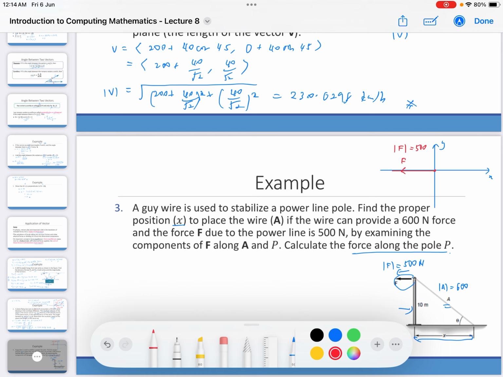Second force will be wire A, the vector A, which is the tension. The direction of vector A will be like this. If you want to draw this vector A, the initial point will be at the origin, so we can draw this vector A like this.